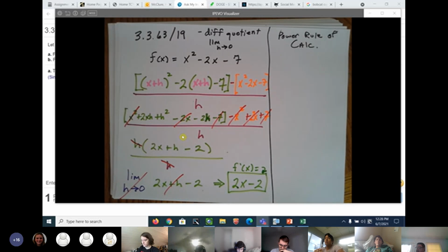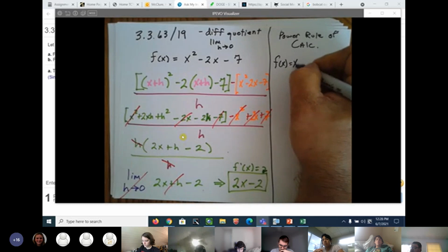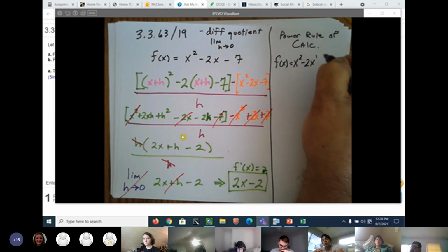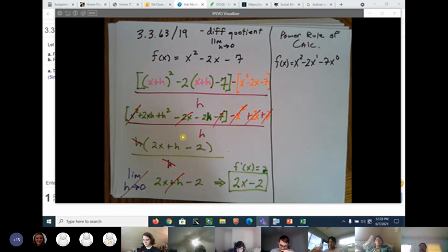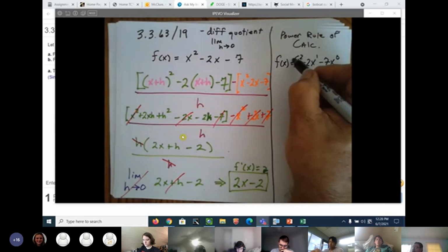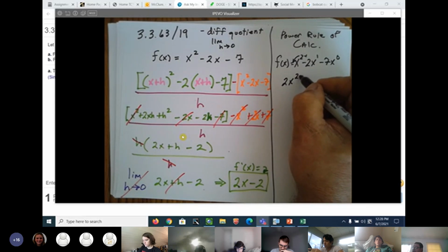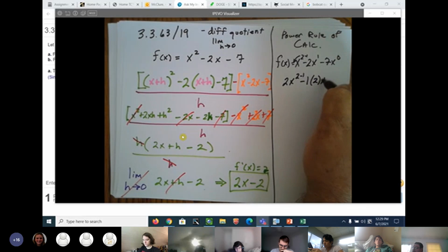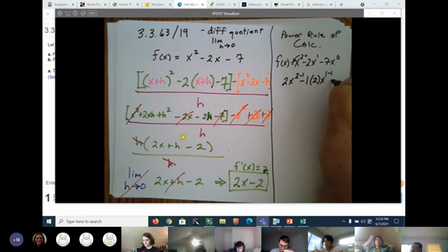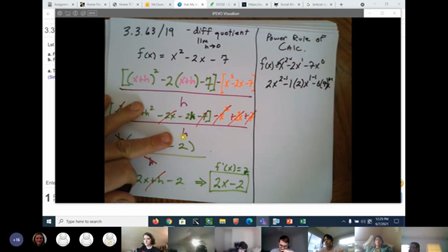Go up here. F of x is equal to x squared minus 2x to the first minus 7x to the 0. Use your power rule. 2 goes out front, minus 1, 2x to the 2 minus 1, minus 1 times 2x to the 1 minus 1, minus 0 times 7 times x to the 0 minus 1.